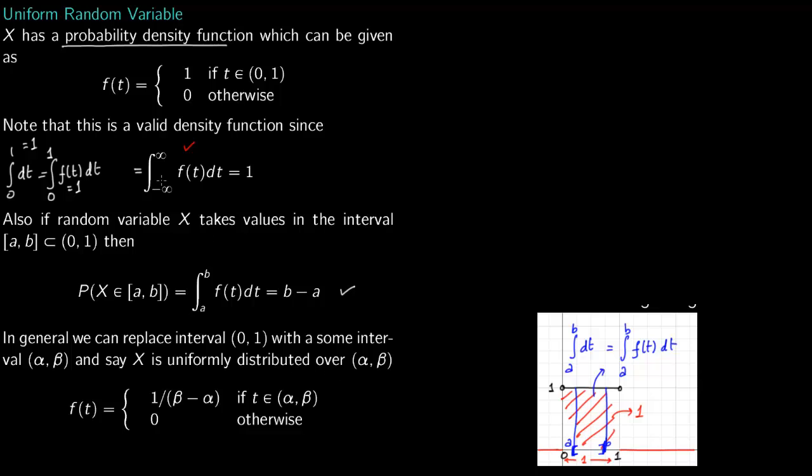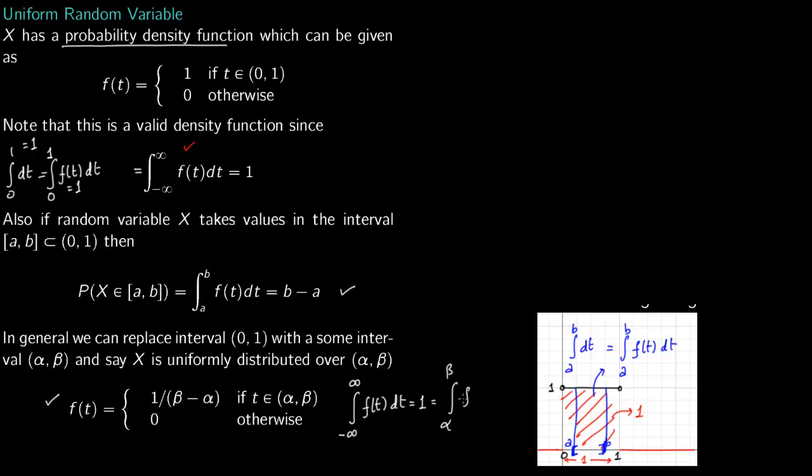Again we have to show that this is a valid density function, that the integral from minus infinity to infinity of f of t dt is 1. This will hold because we are only worried about interval alpha to beta. f of t is 0 everywhere else.